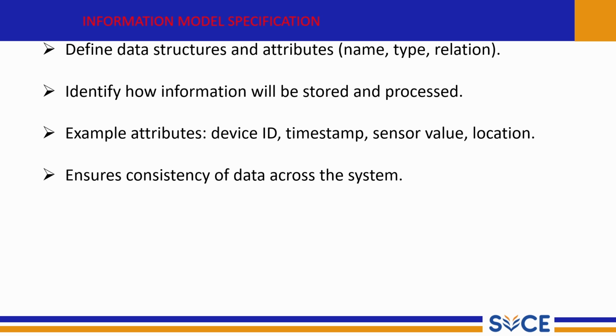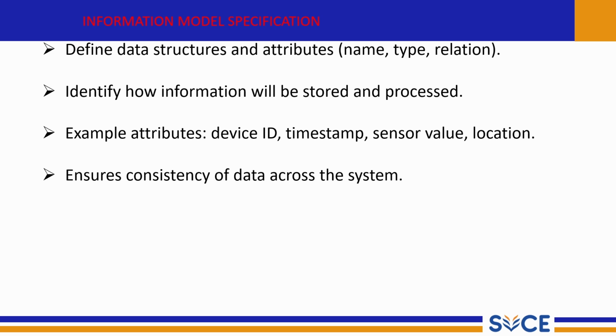Once devices are chosen, we must define how they share the information. It ensures consistent, interpretable data exchange between the device and the cloud. So the information model specification defines the data structures and attributes, and it identifies how information will be stored and processed.